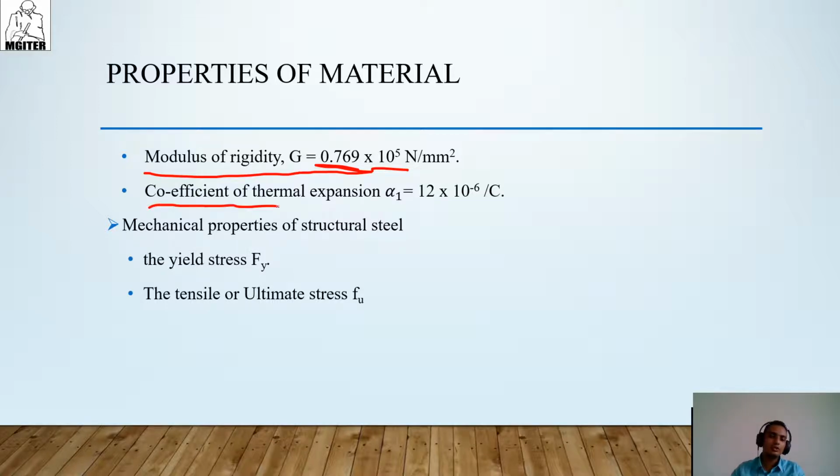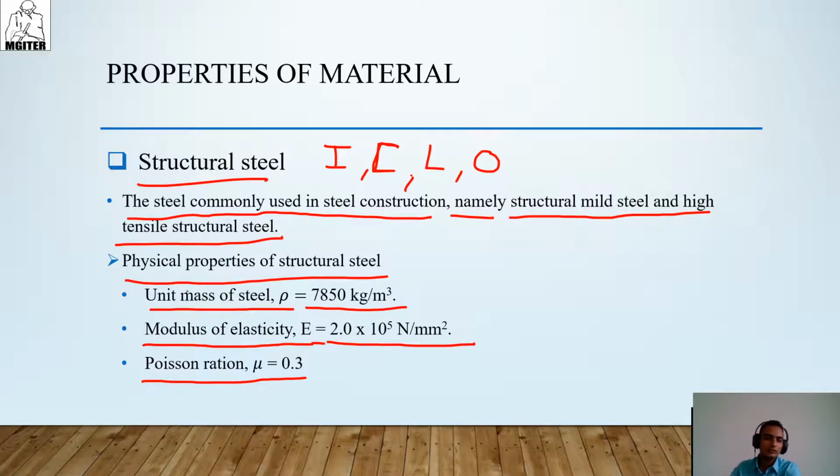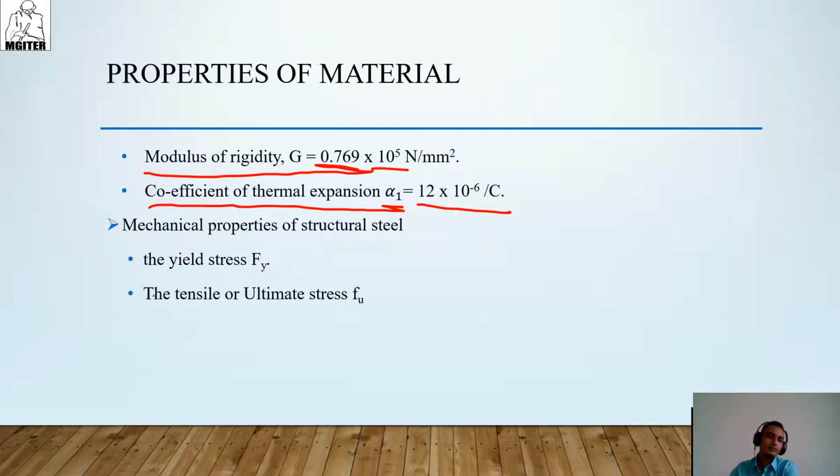Coefficient of thermal expansion alpha is equal to 12 into 10 raised to minus 6 per degree C. So these are the physical properties. These will never change.